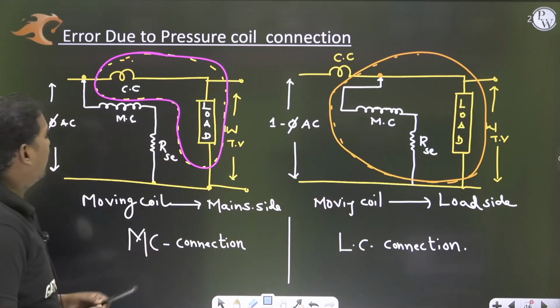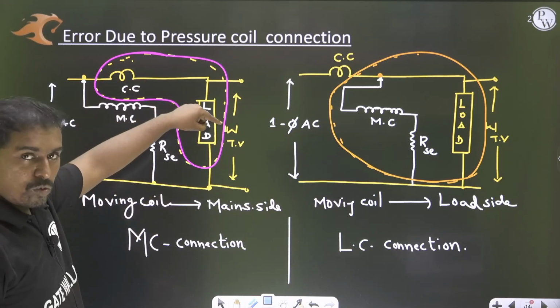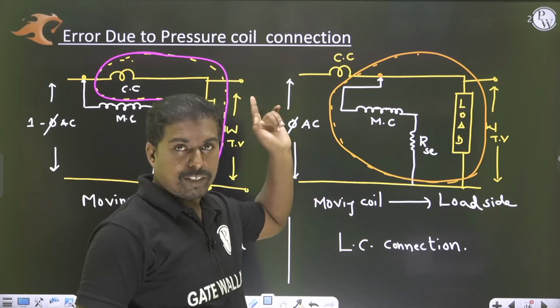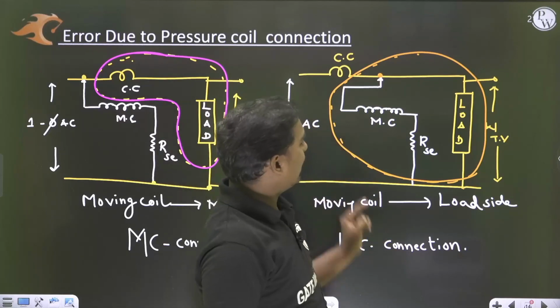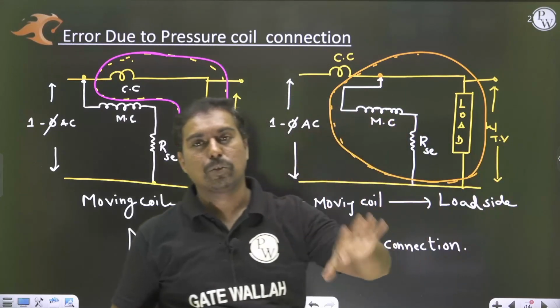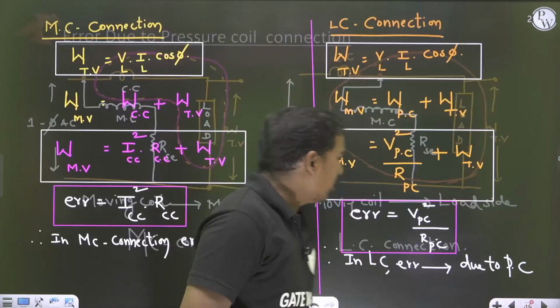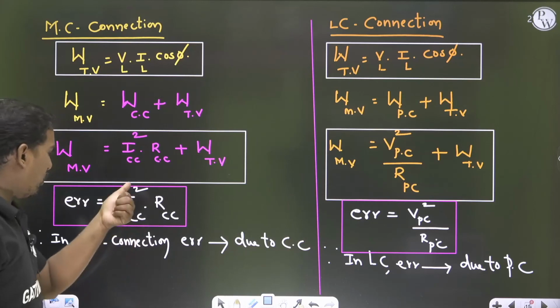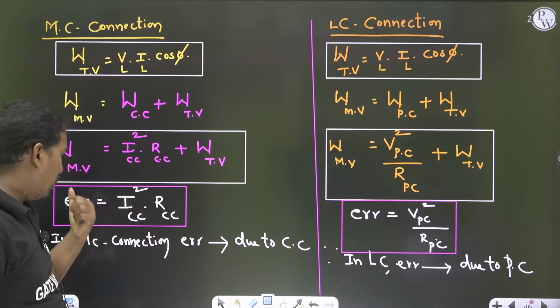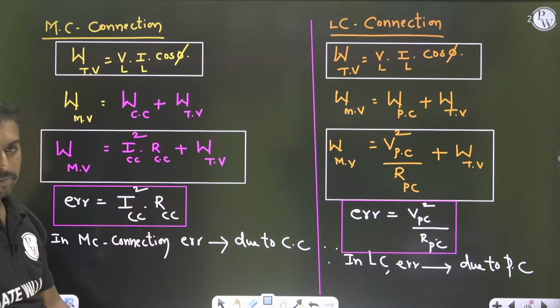If you see the MC connection, the current coil is connected to the load side. That's why the error is due to the current coil. Whereas in LC connection, the moving coil is connected to the load side, so that's why it is due to the moving coil. You understand? If I want to reduce the error here, the current passing through the current coil must be less.